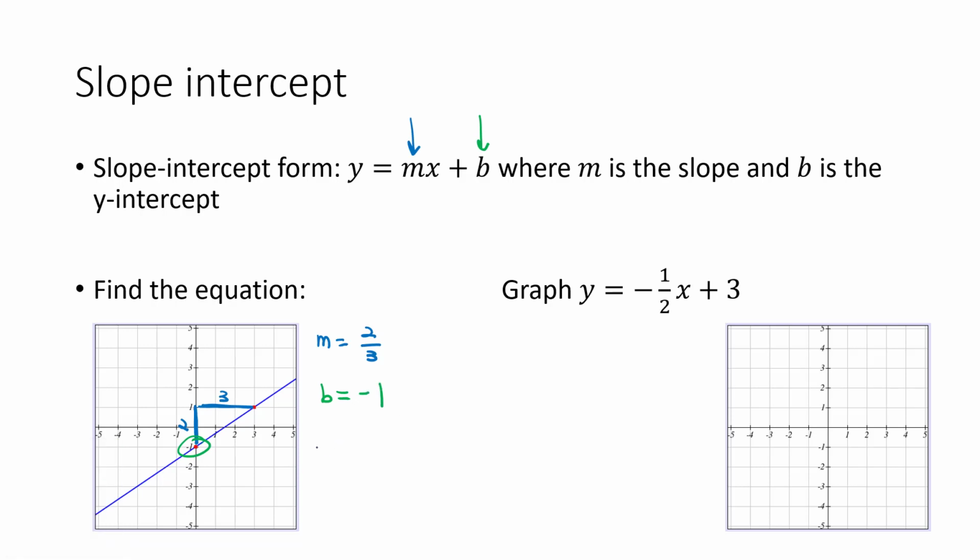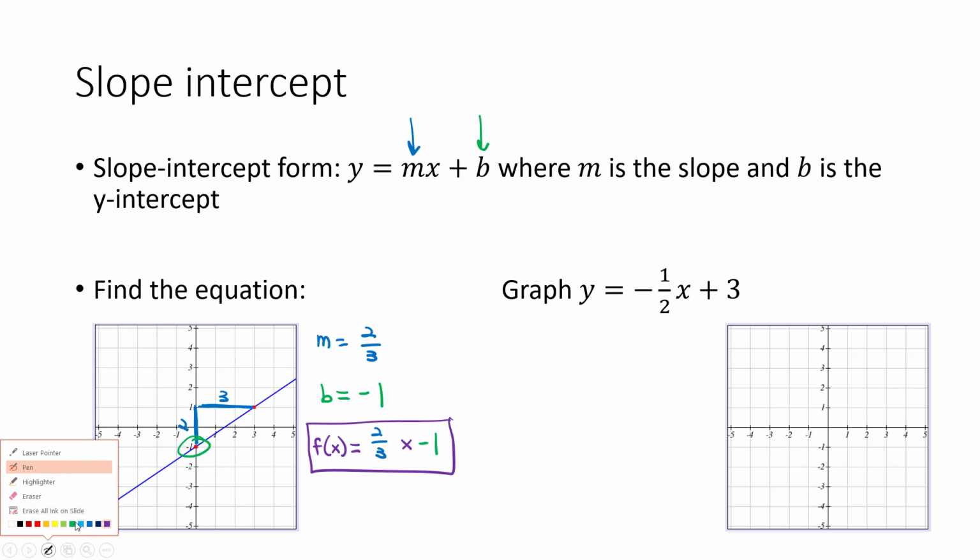So we can make our equation y, or since we're talking about functions, we'll say f of x equals m, my slope of 2/3, times the x plus the b, which in this case is negative, so we'll put negative 1. So for our function, f of x is 2/3 x minus 1.